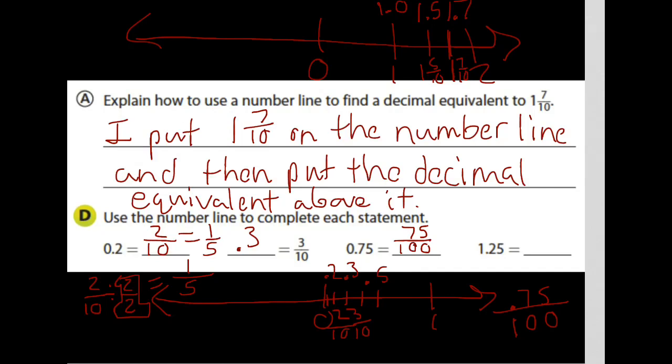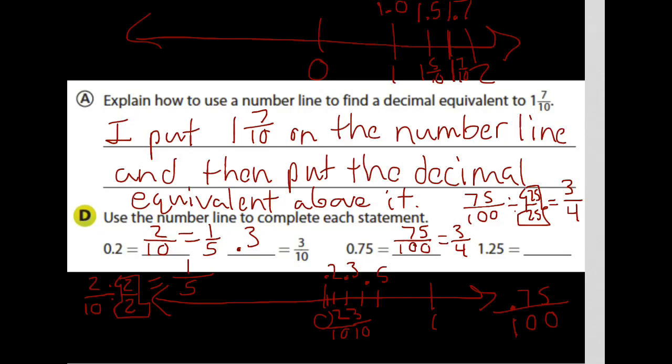And if I think about quarters, I know that 3/4 is 75 cents, and 4/4 is $1. So 75 divided by 25 is 3. 100 divided by 25 is 4. So this is the same thing as 3/4.